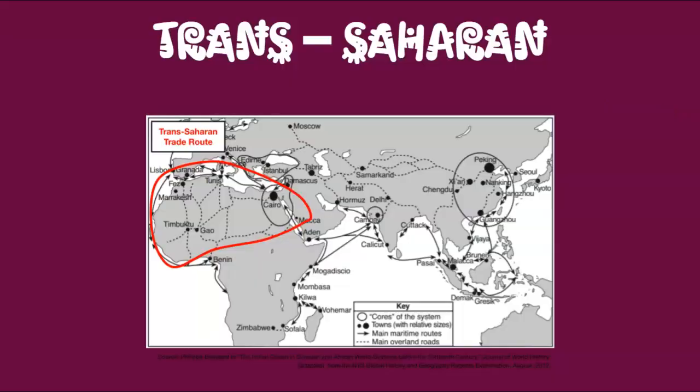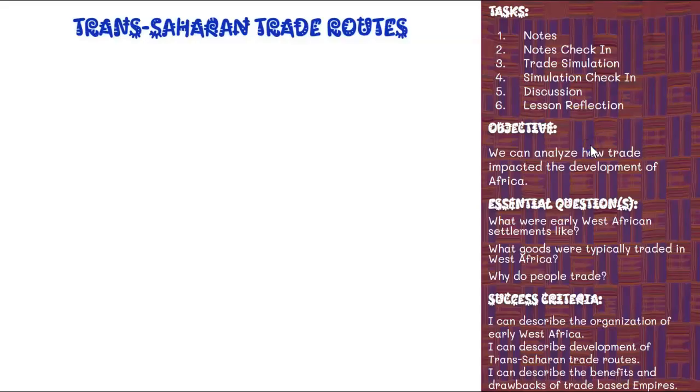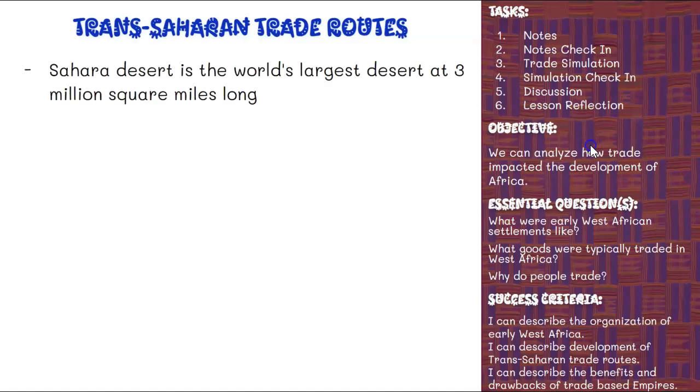When we talk about Trans-Saharan trade, we are talking again about this region, West and North Africa, and you can see some of those major trade routes here as well. Trans-Saharan trade means they're going across the desert in order to make those trades, which, as you can imagine, is very difficult.